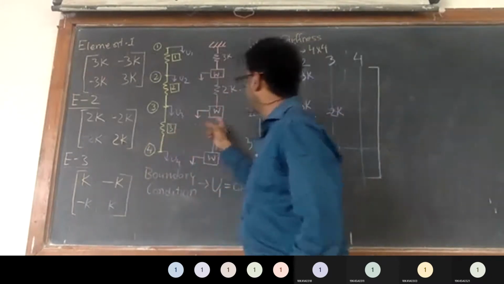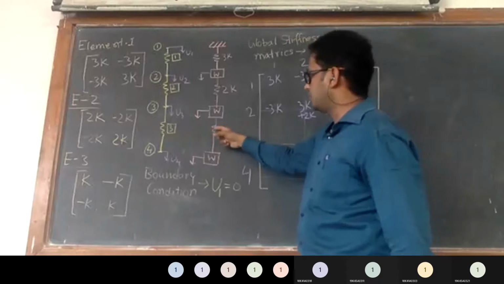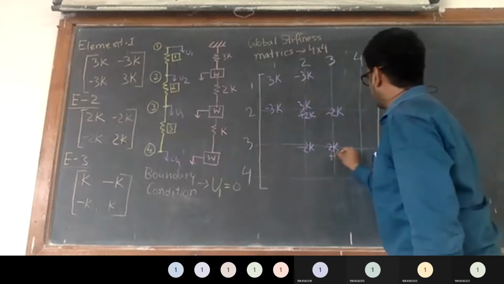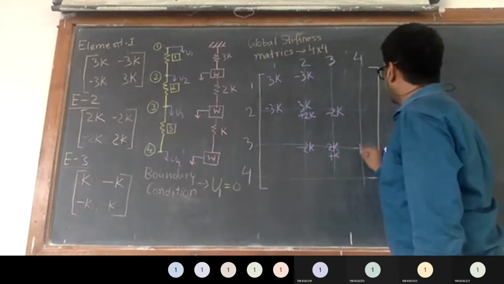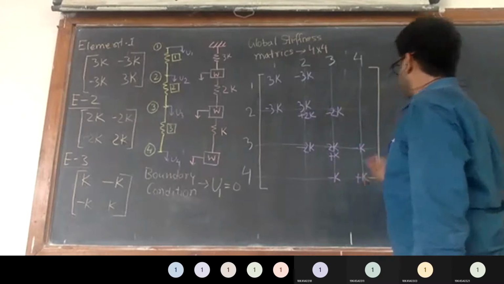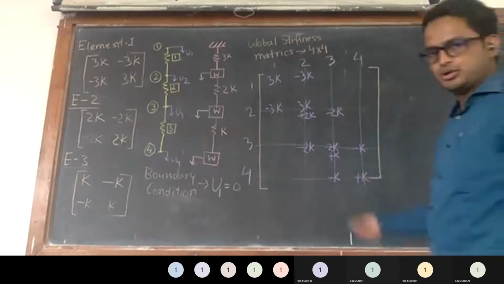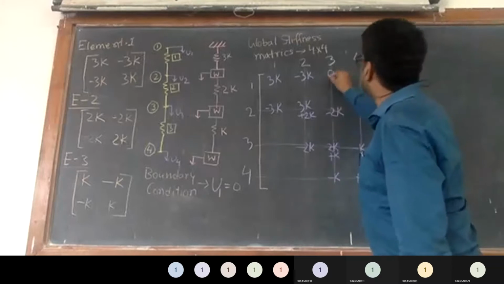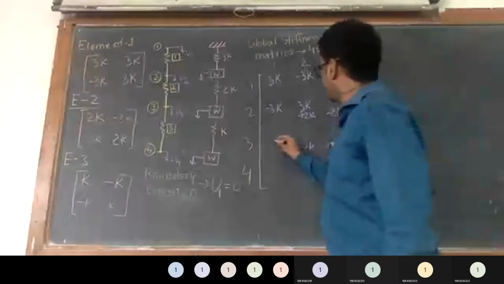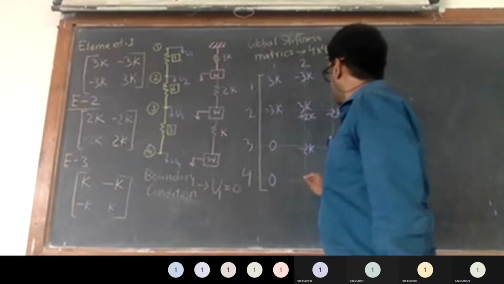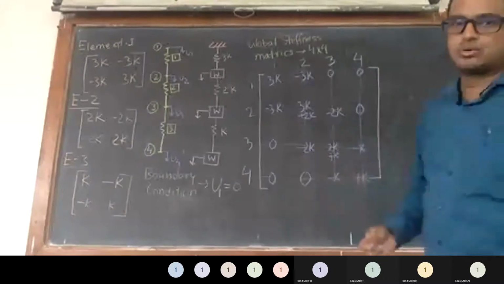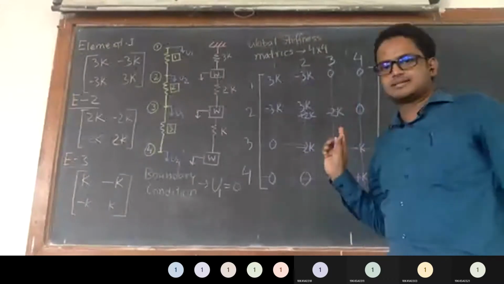The stiffness for your element number 3 is K. So I will write plus K, minus K, minus K, plus K. Up to here it is clear to all of you. Remaining places you can keep 0. So this is how you can write your global stiffness matrix.